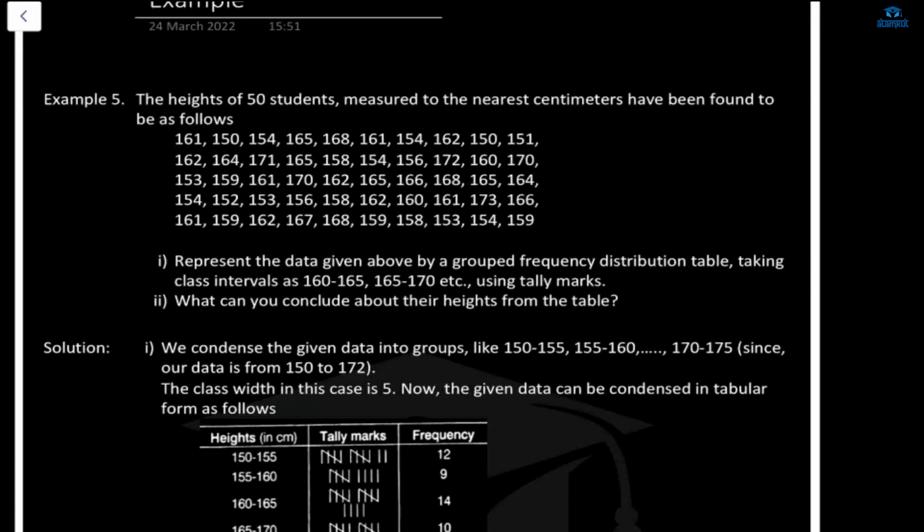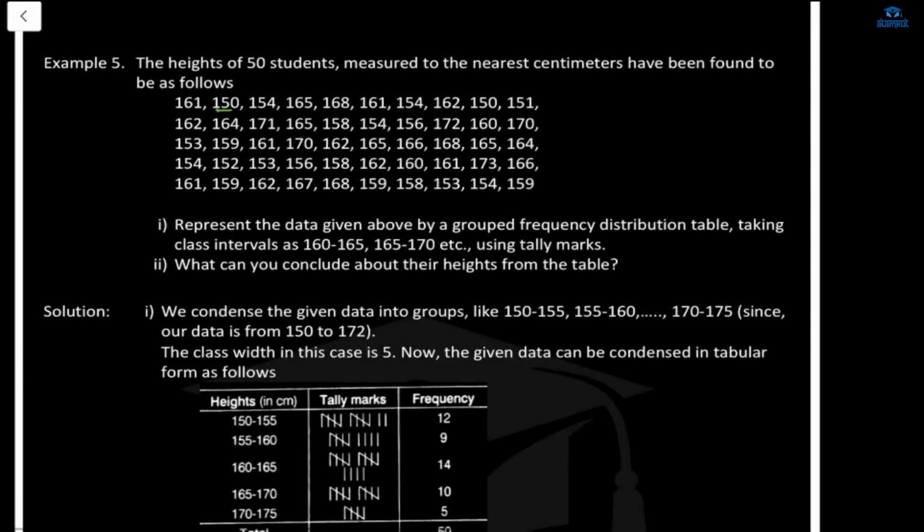Now, if you are going to draw, you can see the value is starting from 150 to till 170. I cannot see 180. Can anybody see 180? No, we cannot see 180. So 150 to 155 you have to take, then 155 to 160, 160 to 165.